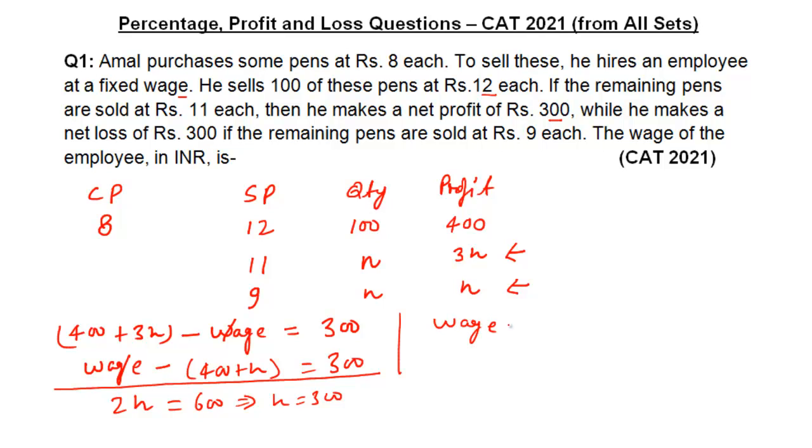So the wage of the employee will be 400 plus 3 into 300, putting the value of n, then minus 300, so that is 1000. No option is given, so the answer to this question is 1000.